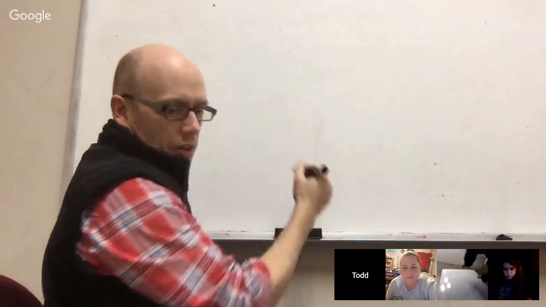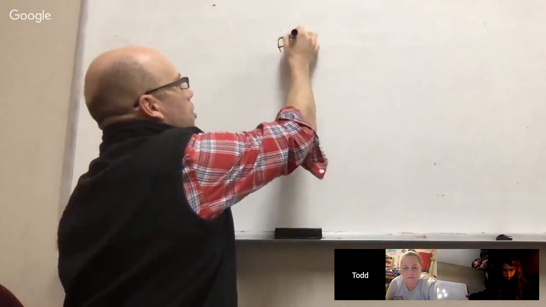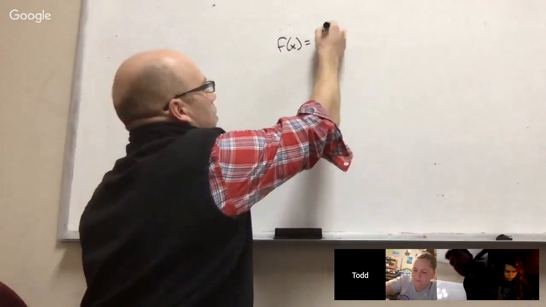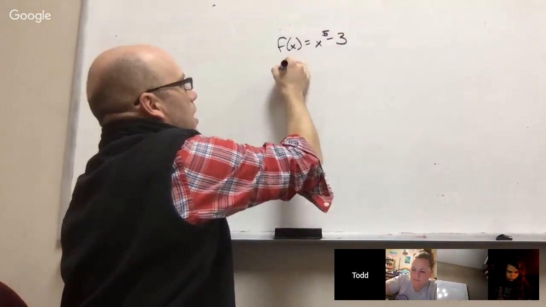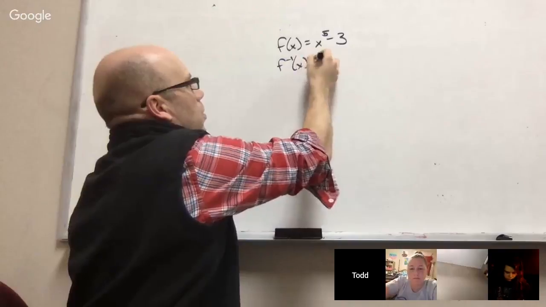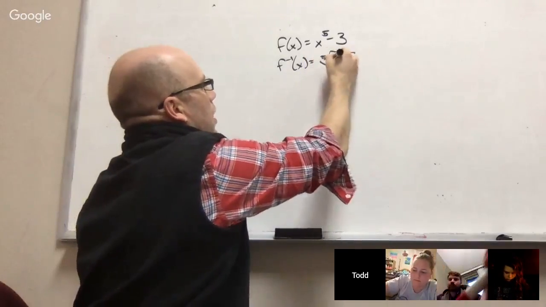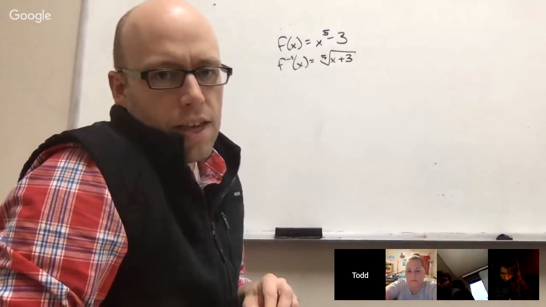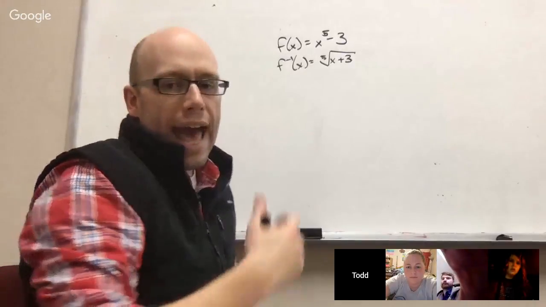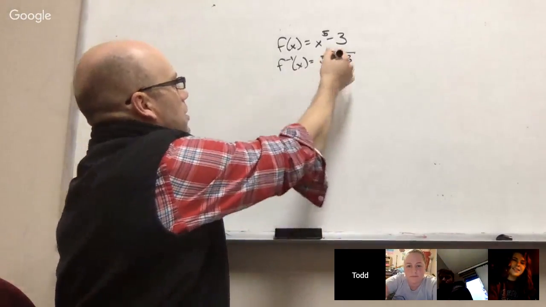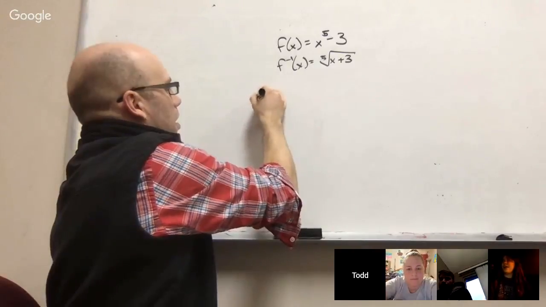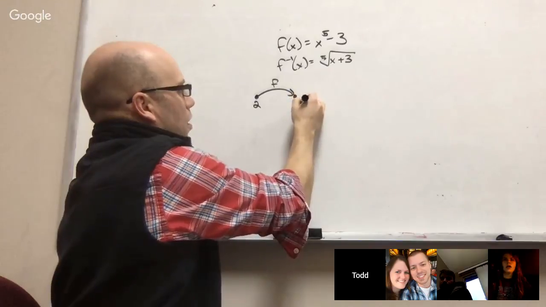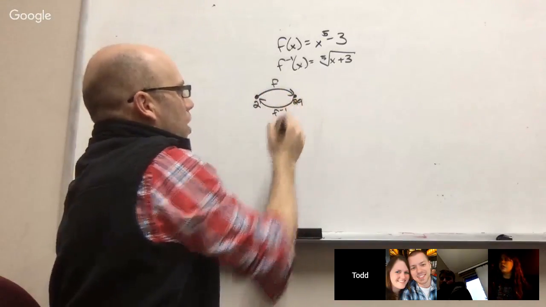The other thing I wanted to say is another way to think about inverses is they undo each other. So if I have that function that we looked at a second ago, in function notation, f of x equals x to the 5th minus 3, and we said the inverse function was the 5th root of the quantity x plus 3. We said if we started with 2, f mapped that to 29, and f inverse mapped 29 back to 2.